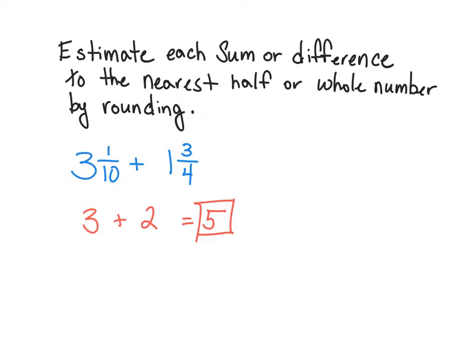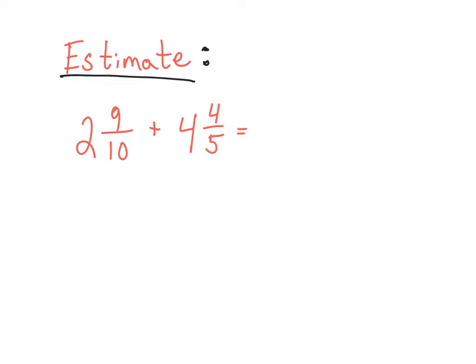So when we want to estimate 3 1/10 plus 1 3/4, we're going to use that squiggly line and say it's about 5. It's not totally equal to 5, but it's about 5. And that's what that squiggly line represents. All right, the next one we're going to estimate: 2 9/10 plus 4 4/5. And I just want to show that this is going to be a squiggly because it's going to be an estimated answer.